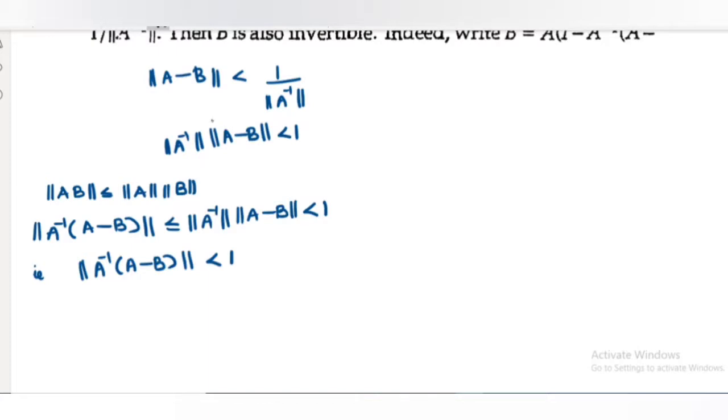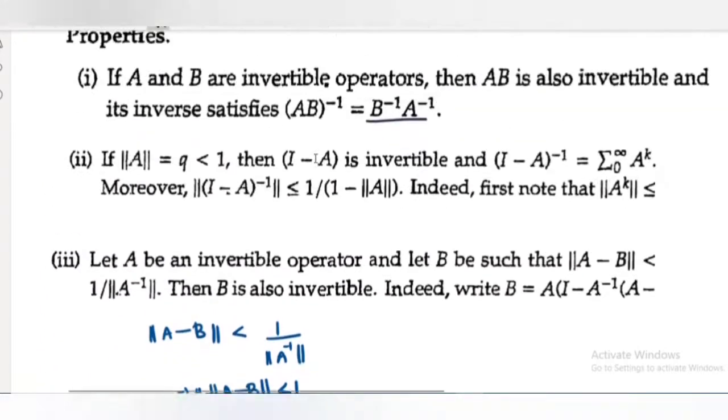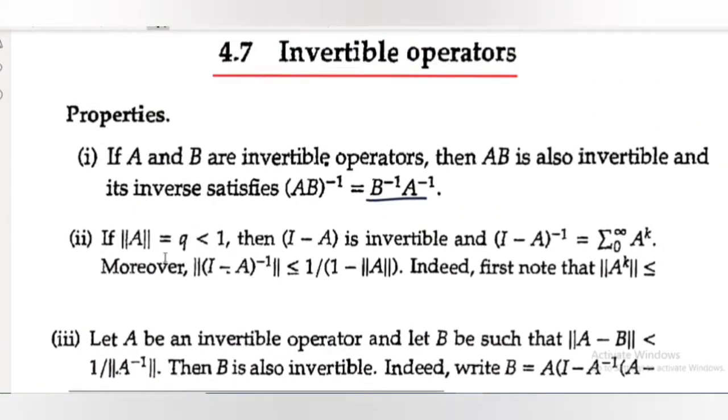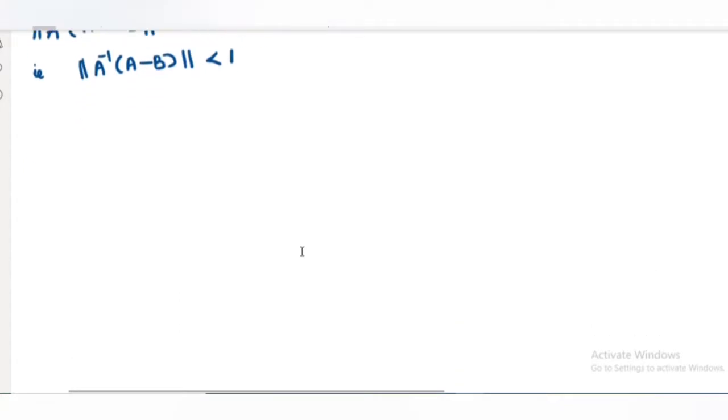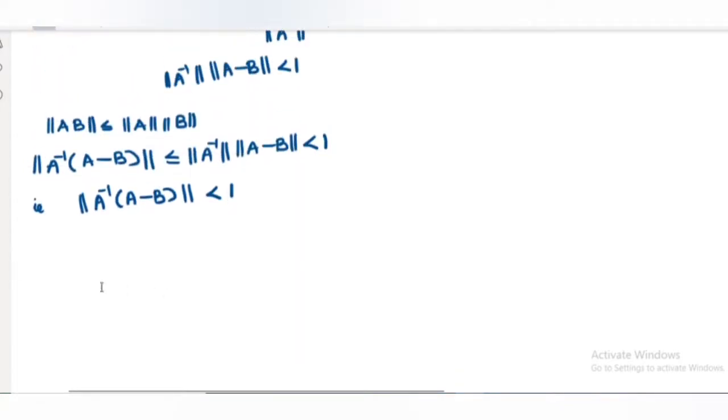We have just to look at our second property. The second property is: if norm of A equal to q, q less than 1, then I minus A is invertible. That means here, if you consider this as some C, norm of C is less than 1, this implies I minus C is invertible.